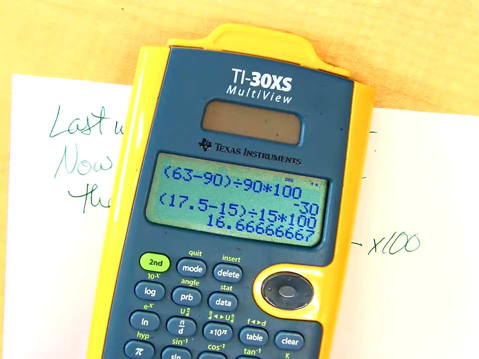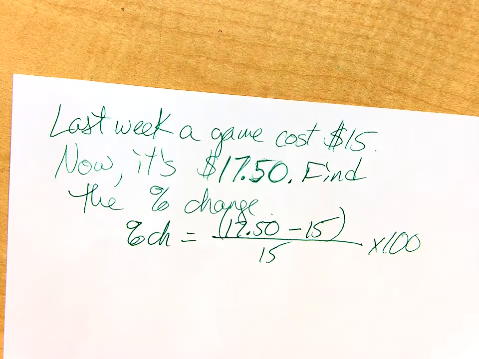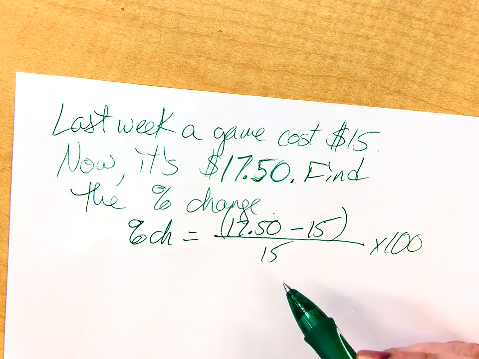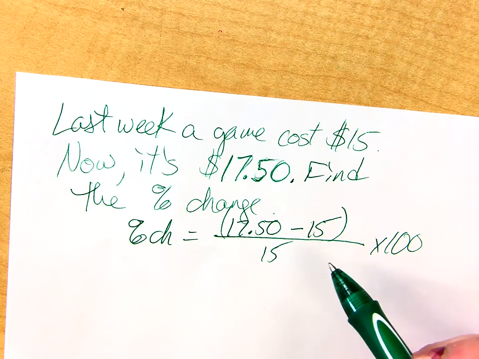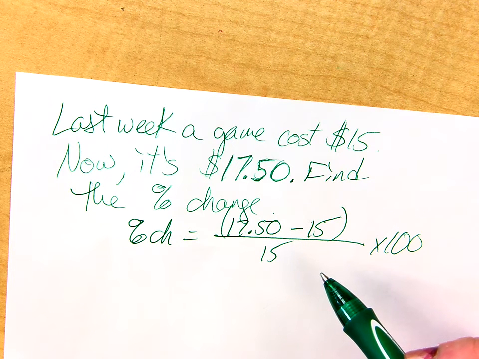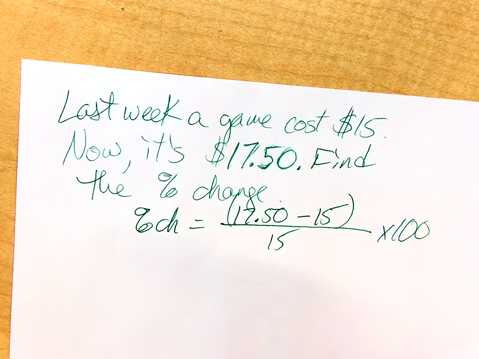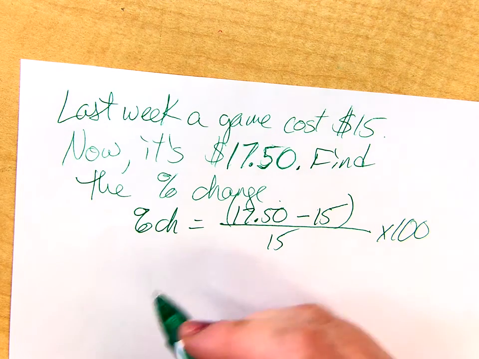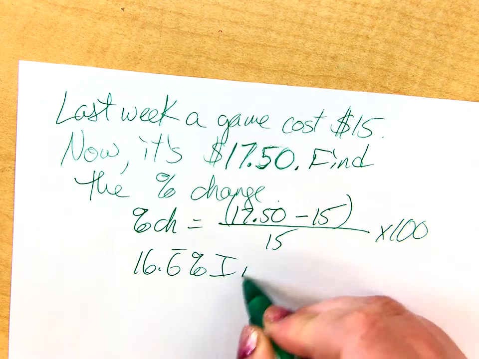And it's a positive number, so that reflects an increase, which I already knew because it went up in price. See, I switched it. I did 15 minus 17.50, but I still got the same answer. Isn't yours negative, though? Yeah. So then wouldn't that indicate a decrease? Oh. Gotcha. So that's going to be the difference there. So we had a 16.6% increase.